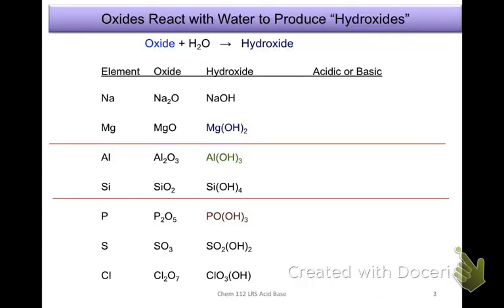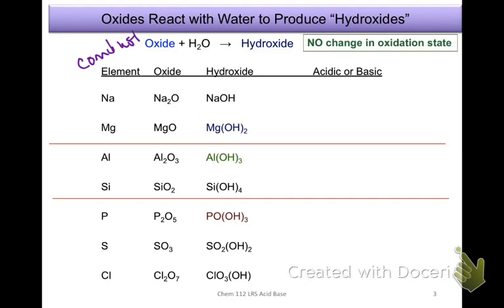We need to talk a little bit about oxides. So an oxide is an element combined with oxygen. If you take an element and combine it with oxygen, you're actually combusting it. So if I take these period 3 elements on the left here and combine them with oxygen and do combustion, I make an oxide.